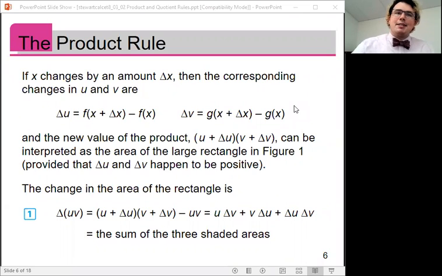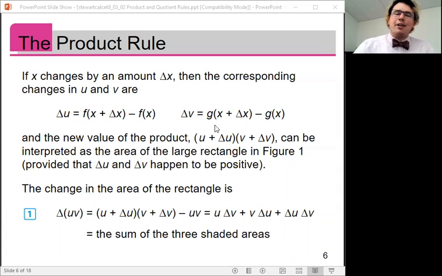So let's actually set up this difference quotient idea. My u and my v are going to be two different functions. Let's say that u is standing for f of x. Let's say that v is standing for g of x.